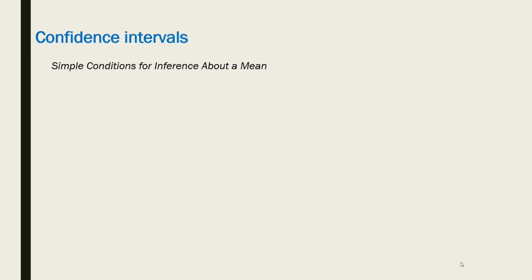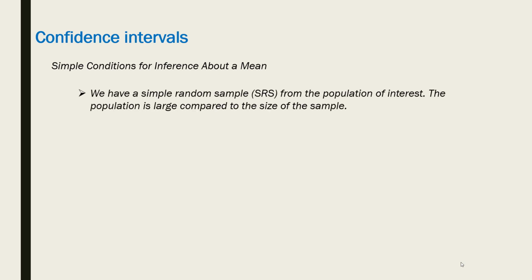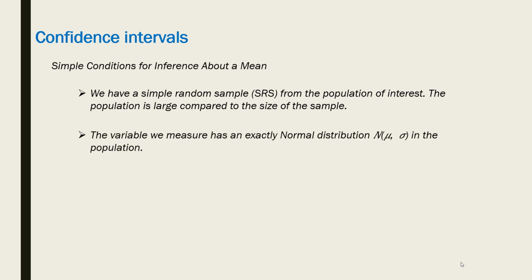Now, confidence intervals. Simple conditions for inference about the mean. We assume these assumptions. We have a simple random sample. Second one, the variable we measure has an exactly normal distribution. It means our data set is coming from a normal distribution.